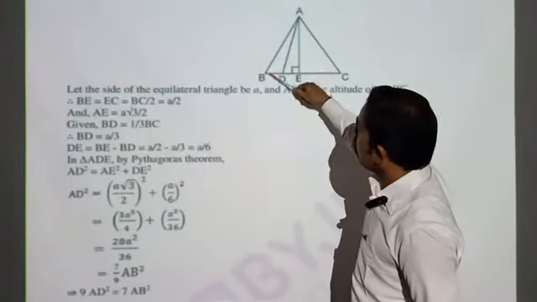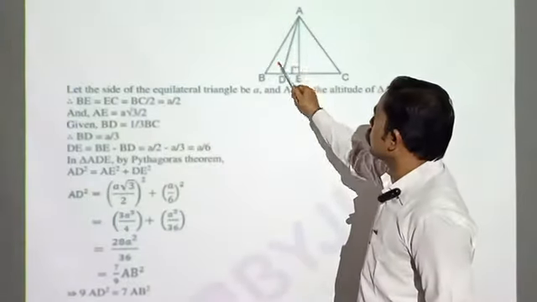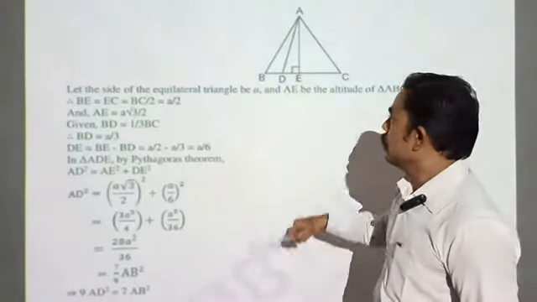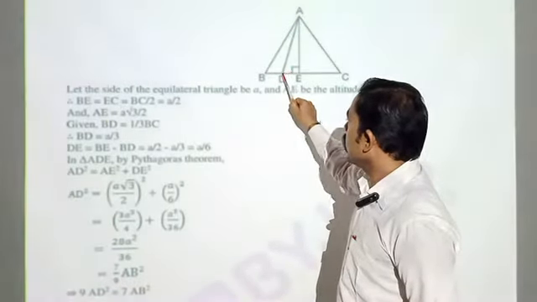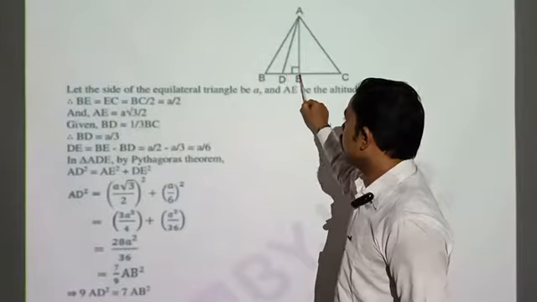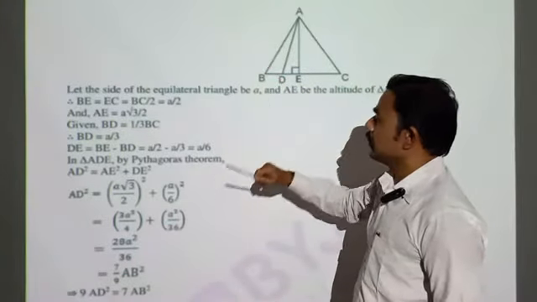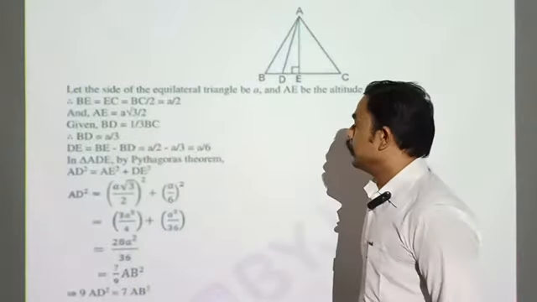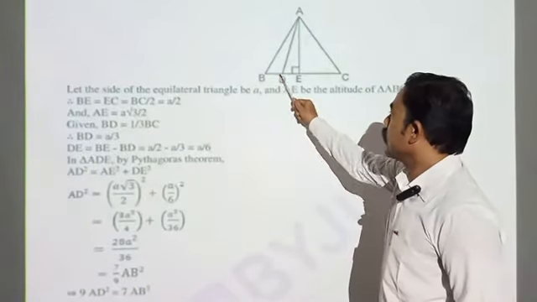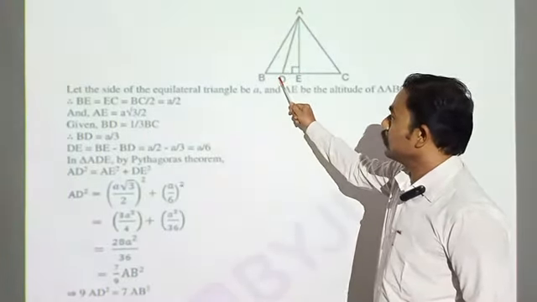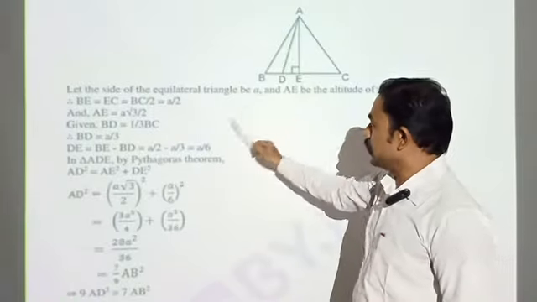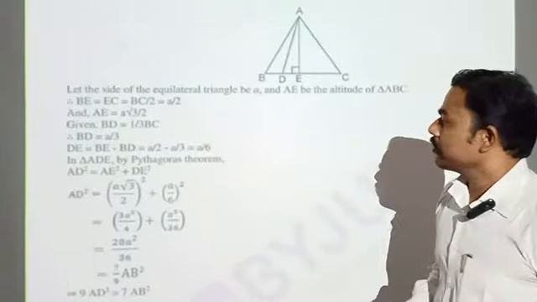For that we need two right angle triangles, so we need this whole side and this side. This side is nothing but BE minus BD, so A by 2 minus A by 3. BE is A by 2, BD is A by 3 given. From the LCM we get A by 6.